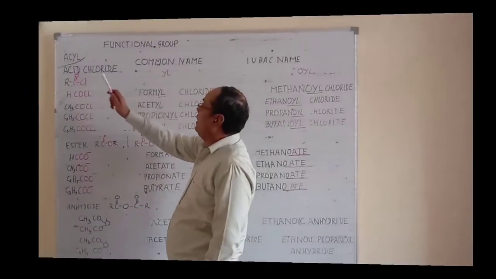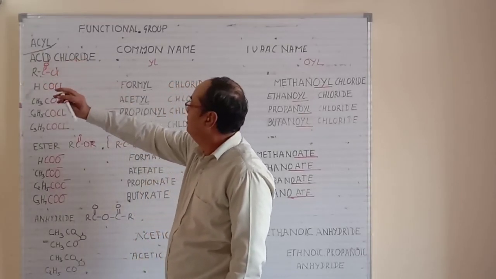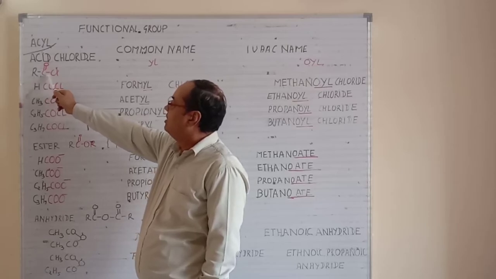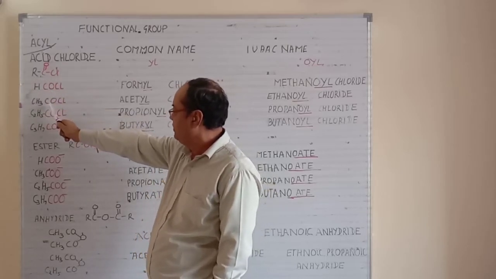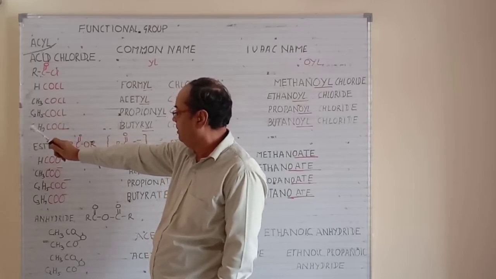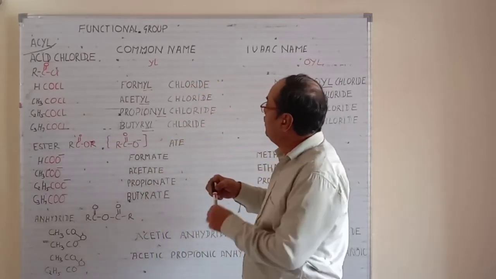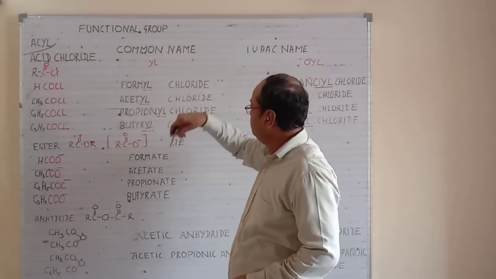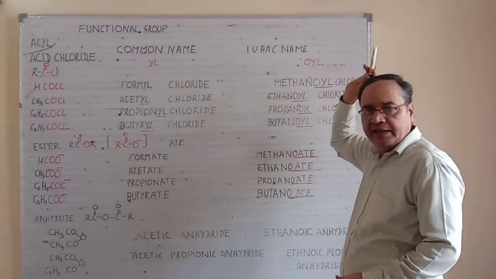So students, we have another group now, that is acyl chloride or acid chloride. The general formula is RCOCl. So the first member is HCOCl, second member is CH3COCl, third member is C2H5COCl, C3H7COCl. Now in this we will use the word yl, and in the IUPAC name we will use oyl with the alkanes.